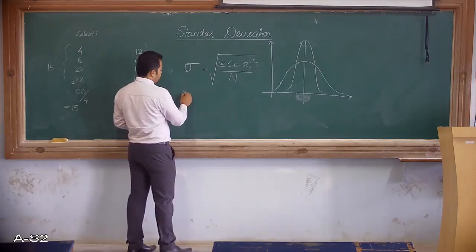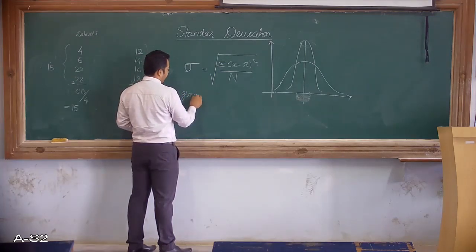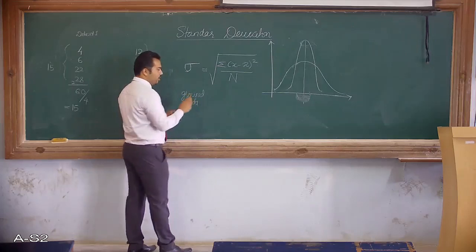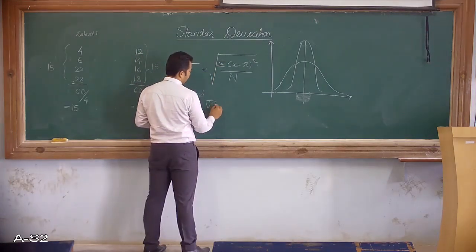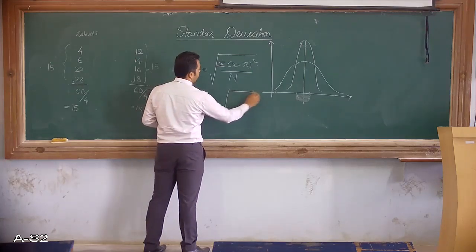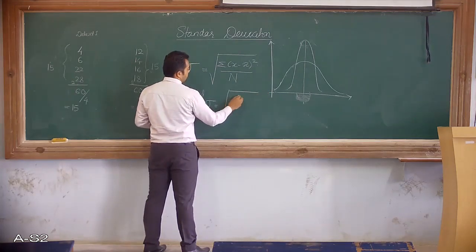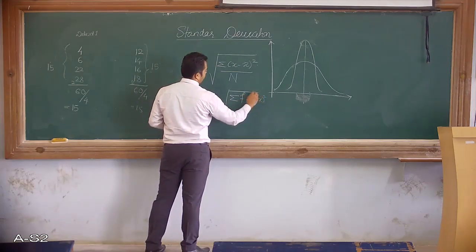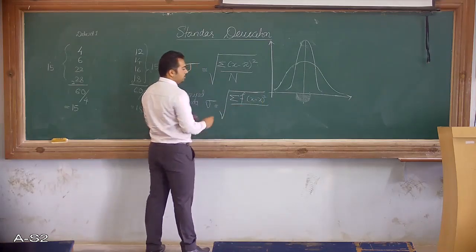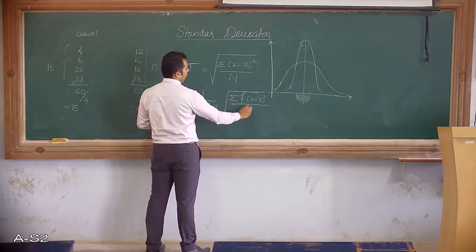If it is discrete or grouped data along with its frequency, the standard deviation is again the square root of the summation of frequency times the squares of the deviations, divided by n.